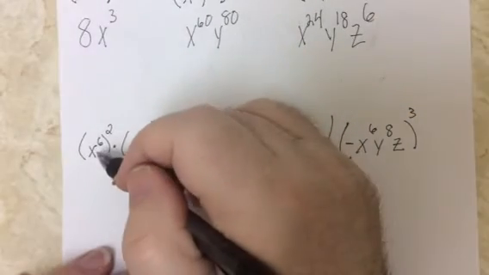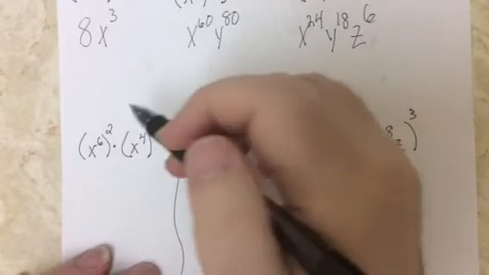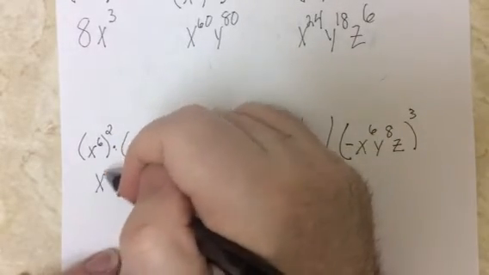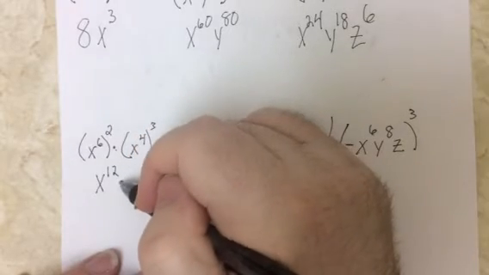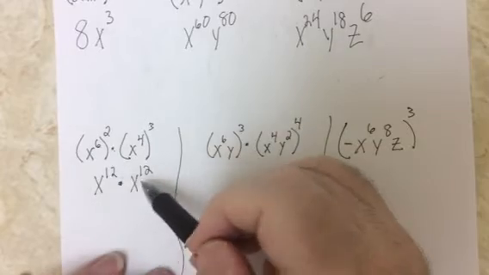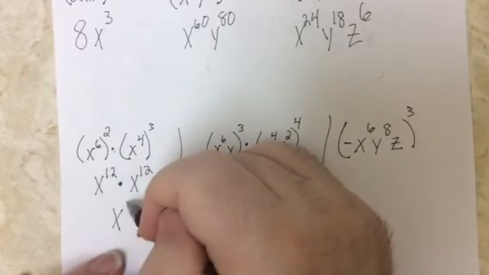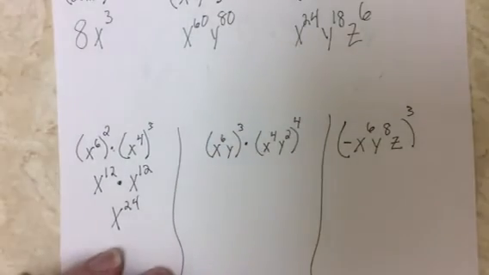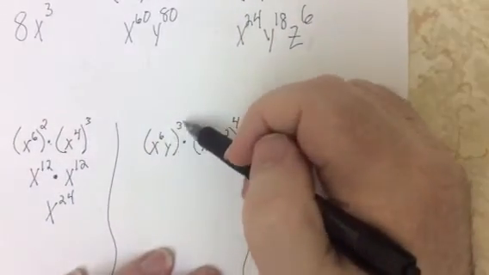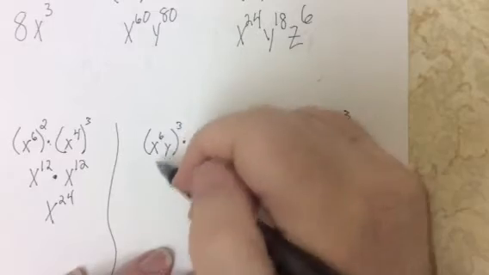Okay, so x to the 6th squared, order of operations says you must do a power before a multiplication. So it's x to the 12th times x to the 12th. And then when you multiply two things with the same base, you add the powers. Very good if you got that. This one, oh, we have a product raised to a power, so raise both to that power.